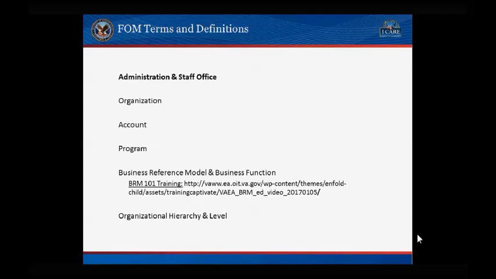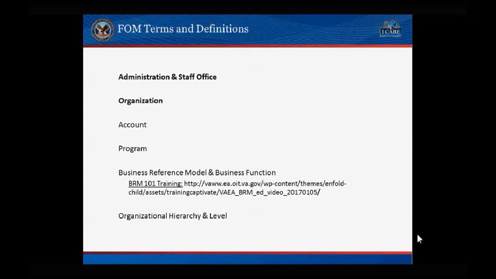A staff office is a term used to identify one of the offices included under VA Central Office. This does not refer to VA administrations, VHA, VBA, or NCA, nor does it refer to medical facilities, regional offices, or cemeteries. An administration and a staff office are both represented as a Level 1 VA organization within the FOM organizational hierarchy. We will talk about this a little more in just a few minutes.